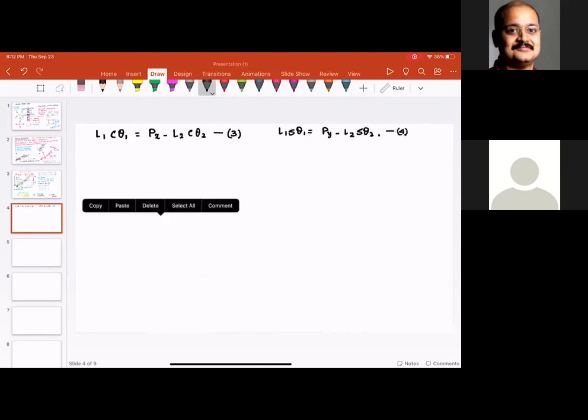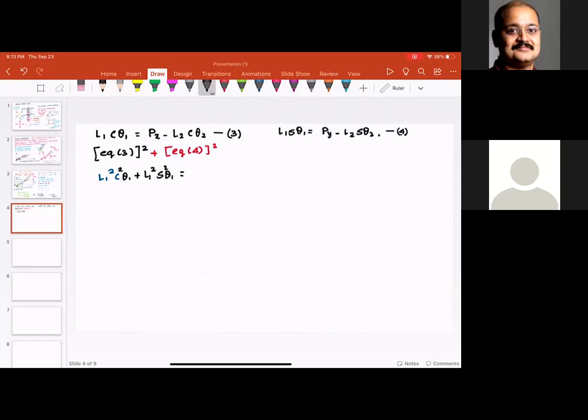Now what I'm going to do is square equation 3 and add to equation 4. So here is what happens. L1 square cosine theta 1 square plus L1 square sine theta 1 square, and I have here px minus L2 cosine theta 2 square plus py minus L2 sine theta 2 square.